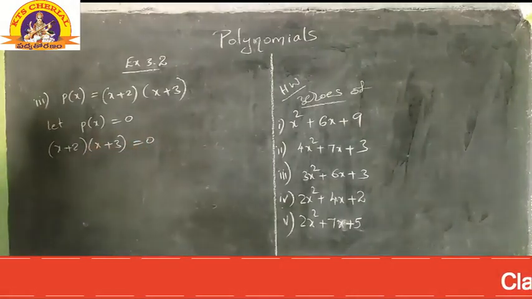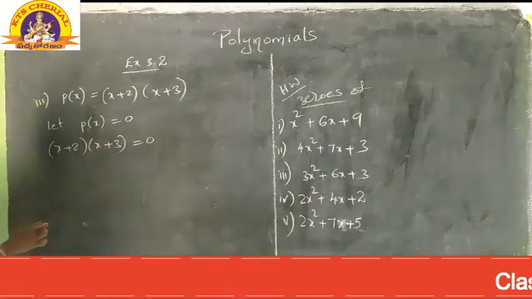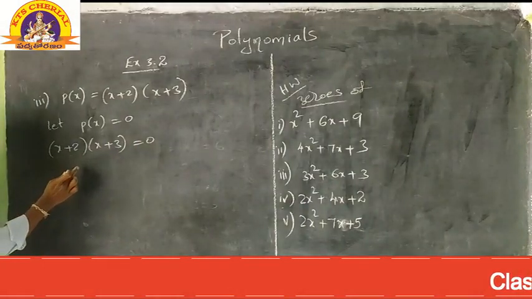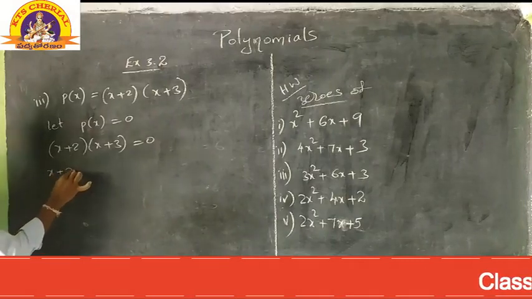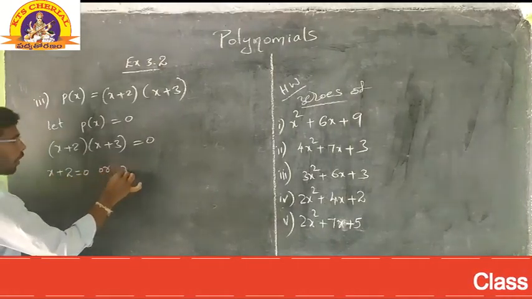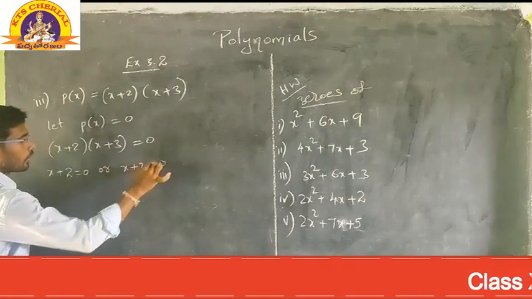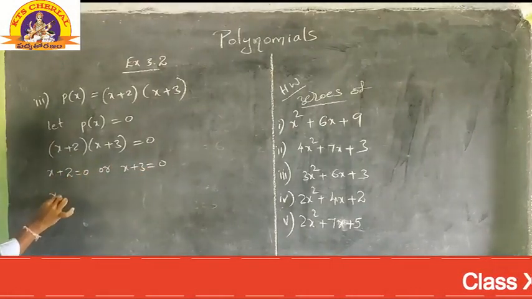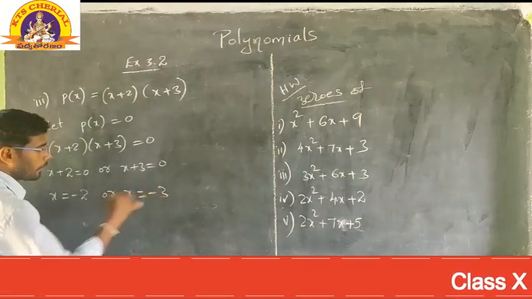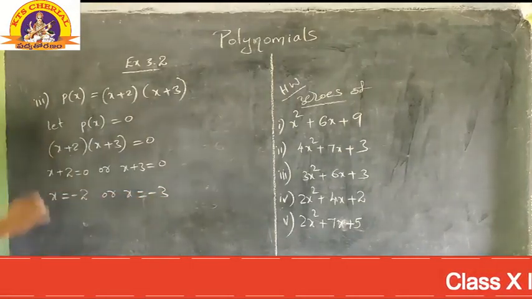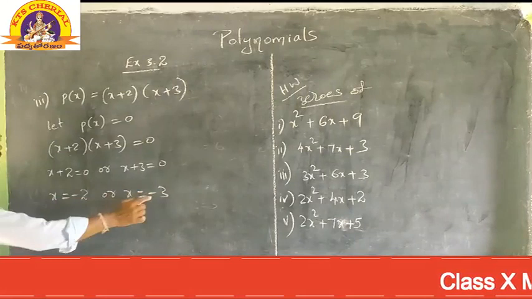This is in the form of AB equals 0. If AB equals 0, either A equals 0 or B equals 0. So by that condition, x plus 2 equals 0 or x plus 3 equals 0. Now x plus 2 equals 0 means x equals minus 2 or x equals minus 3. So the zeros of the polynomial are minus 2 and minus 3.